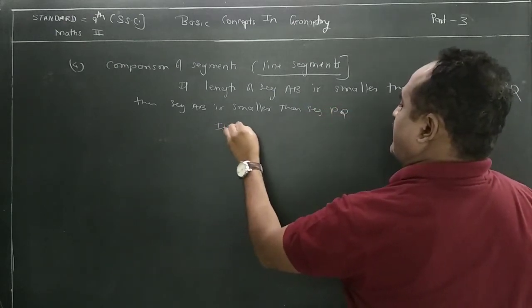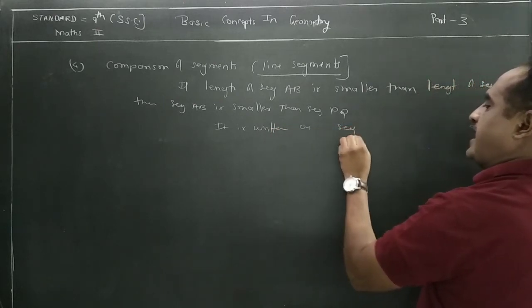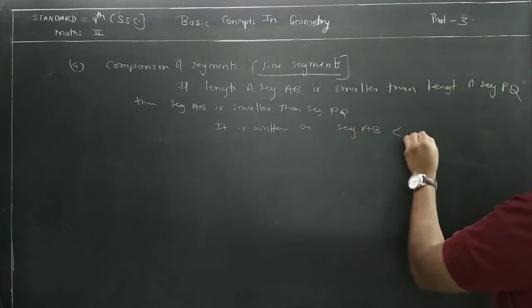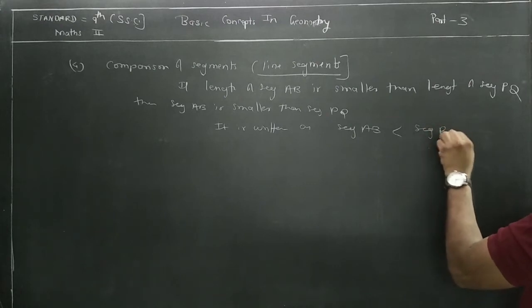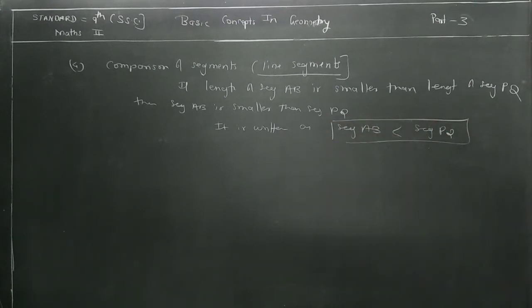It is written as seg AB is smaller than segment PQ. You know this is the smaller sign, smaller or greater sign. So segment AB is smaller than segment PQ.